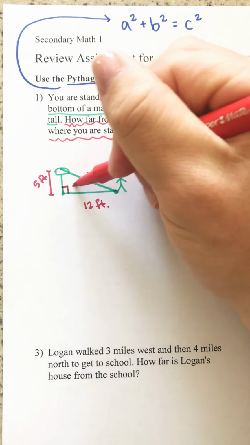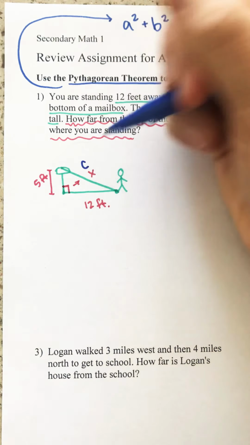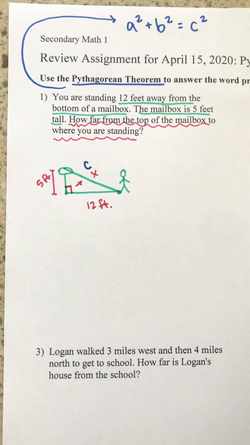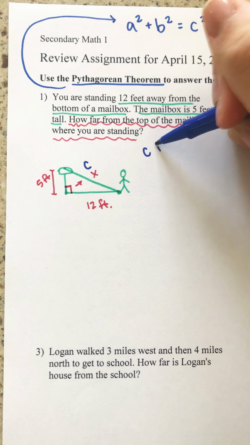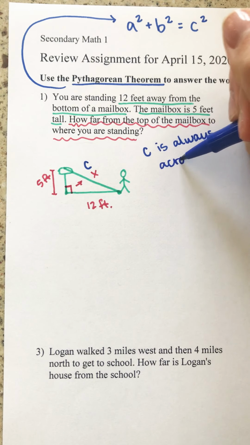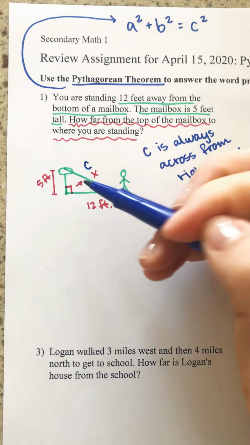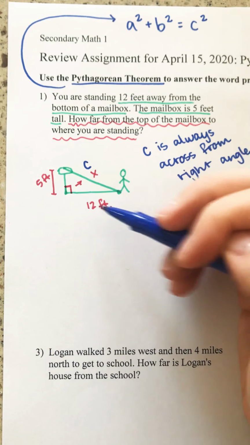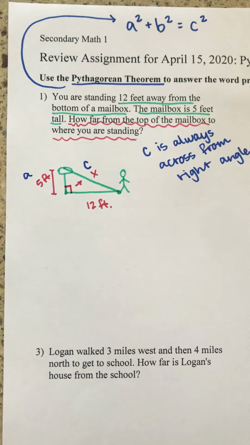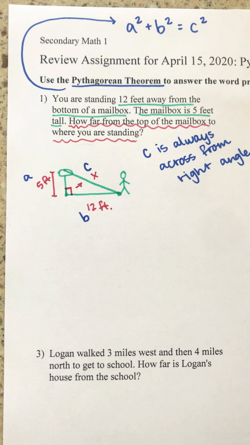So across from that, I'm going to label C. C is always across from your right angle. Perfect. Okay, so we know that side C, 5 can be A or B, 12 can be A or B, but I'm just going to label 5 as A, 12 as B. Okay, so our problem is all set up.